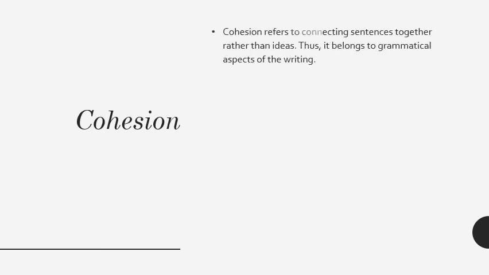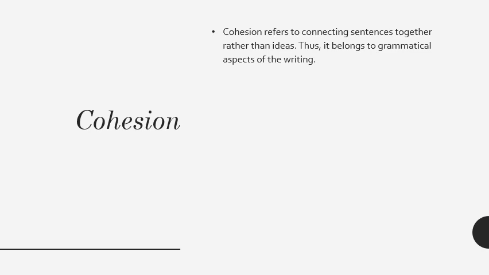Let's move on to the next idea that is related to cohesion. What's cohesion again? Cohesion refers to connecting sentences together rather than ideas. So here it belongs to grammatical aspects of the writing.